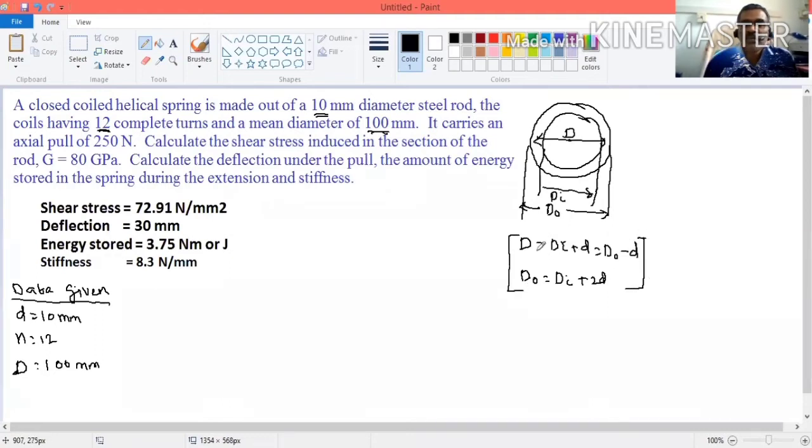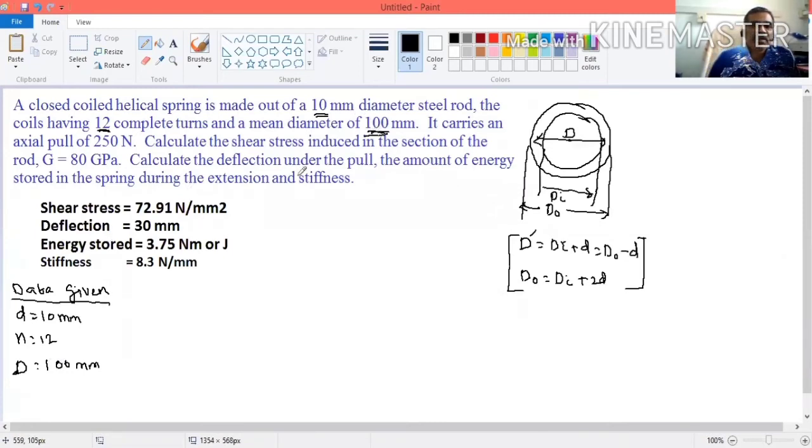Sometimes in the problem the mean diameter may not be given. In that case you have to calculate the mean diameter, because in the expressions we have used the mean diameter. But in this problem the mean diameter is directly given.